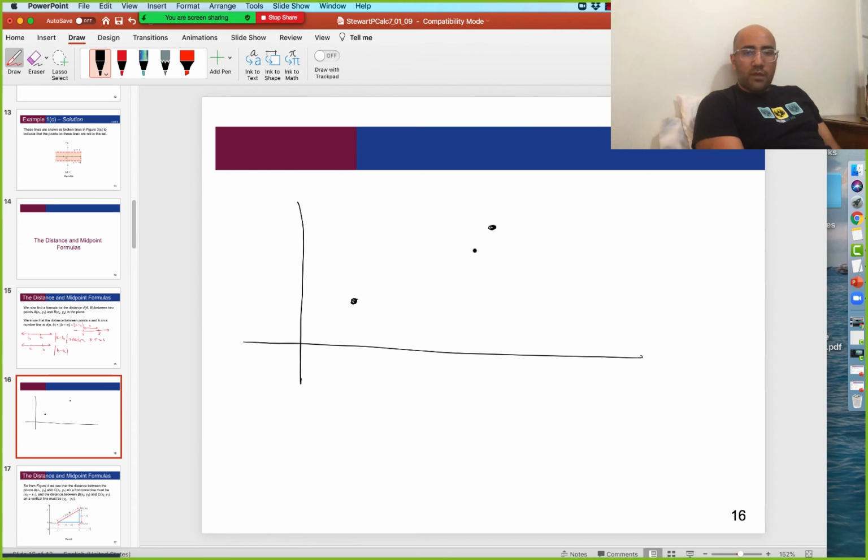And now just to put some numbers on them this time before we jump into all the variables, let's say that this point here is at distance 1 and this is distance 2. So this is the ordered pair (1, 2). And then over here, let's say that this is way out here at distance 5, and this thing up here is at distance 7. So this is the ordered pair (5, 7).